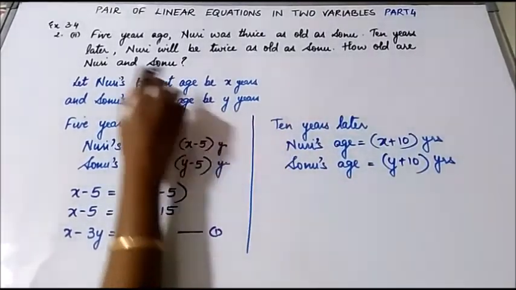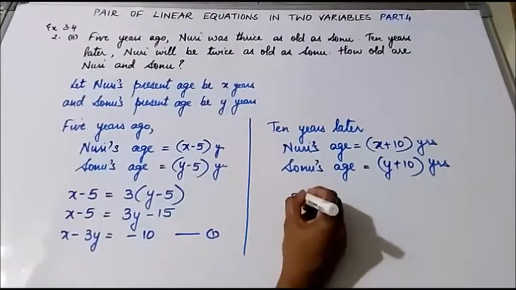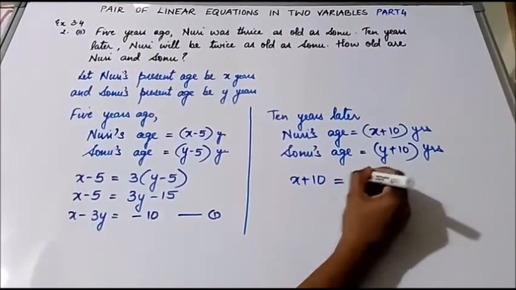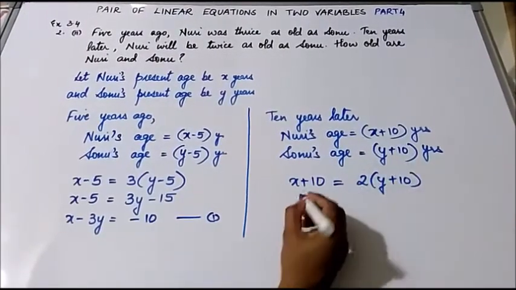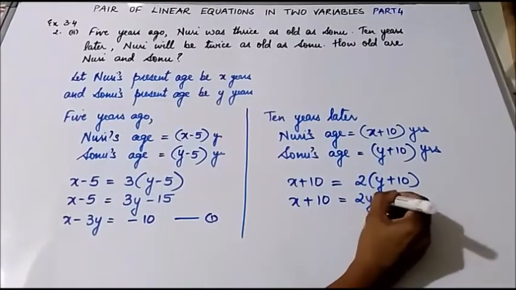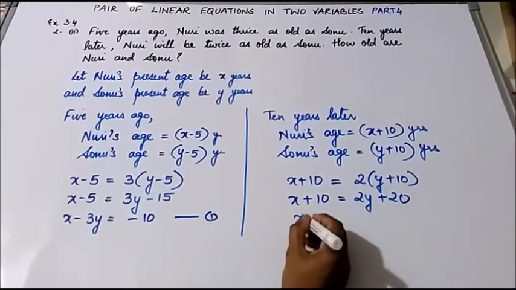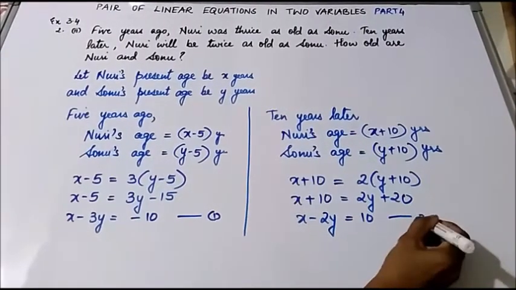Now let us read the question. 10 years later, Nuri will be twice as old as Sonu. So here we get x plus 10 is equal to 2y plus 20. x minus 2y is equal to 10. This is our second equation.